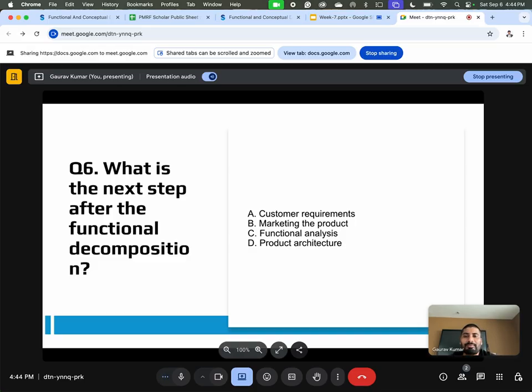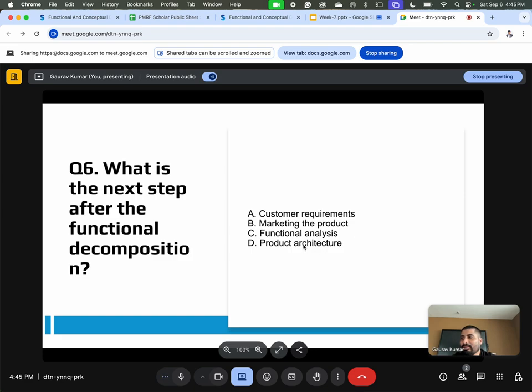Okay, and the customer requirements and marketing happen before decomposition, while functional analysis overlaps with decomposition. Therefore the correct sequential step is product architecture, which moves the design towards physical realization.